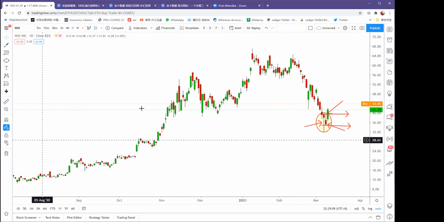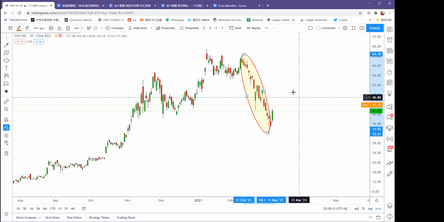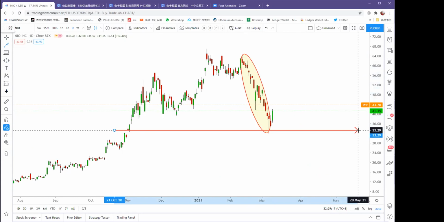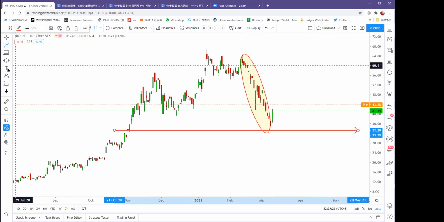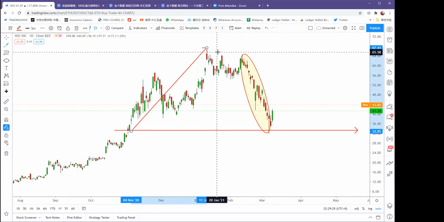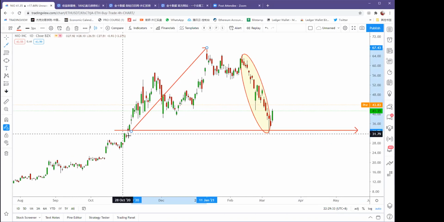Because in daily chart, you can consider this whole wave as a correction, and the correction looks very likely to end here about 33 level, which is the origin breaking out a candle here. So this is the origin of the last rally all the way to the 67. And it just comes back to the normal price.